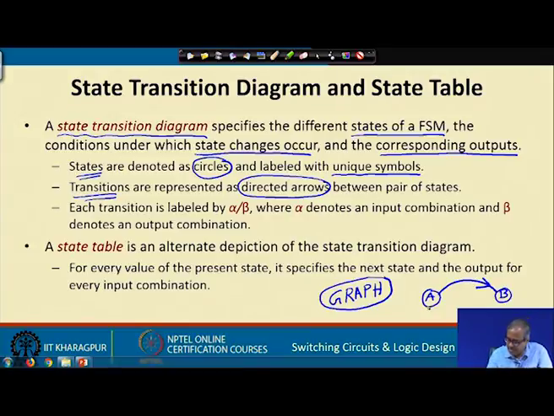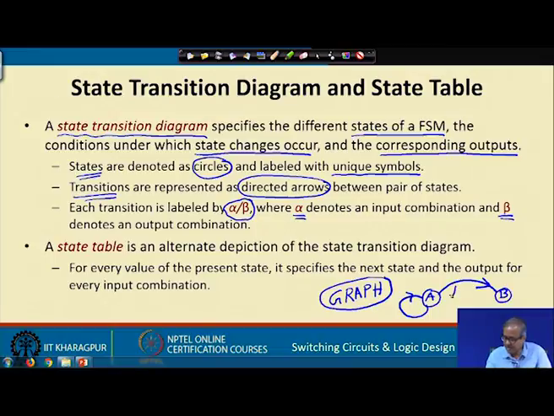Well, these arrows can be self loops also, a state and itself. Each transition is labeled by two values, alpha and beta, where alpha denotes some input combination and beta denotes an output combination.